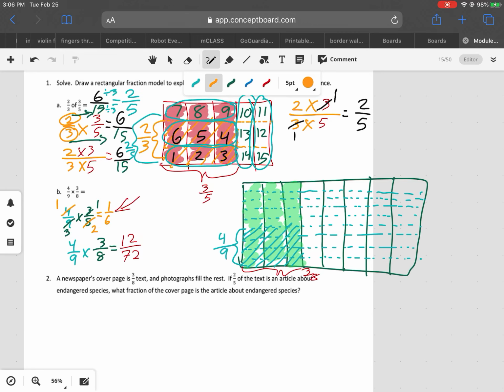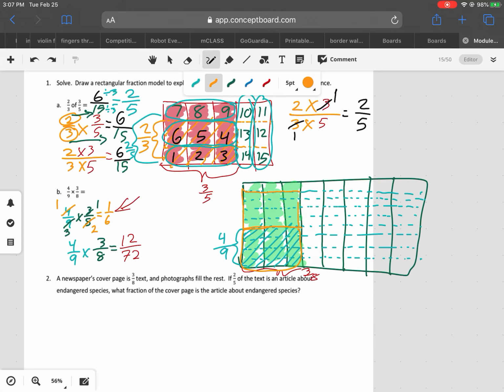Now, how would I show that on here? So I would group all of this as 1, and since that's 1, 2, 3, 4 lines of 3, so I'm going to do 4.